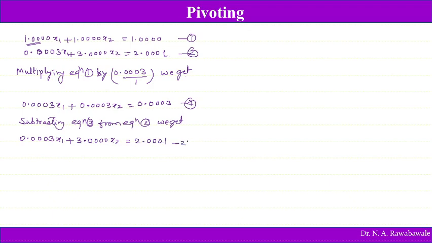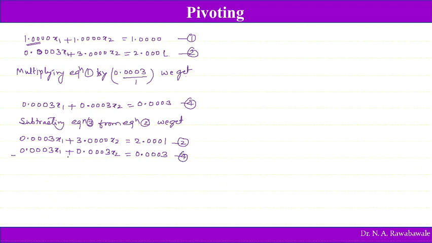This is equation number 2, and equation number 4 is 0.0003 x1 plus 0.0003 x2, which is equal to 0.0003. So this is equation number 4.